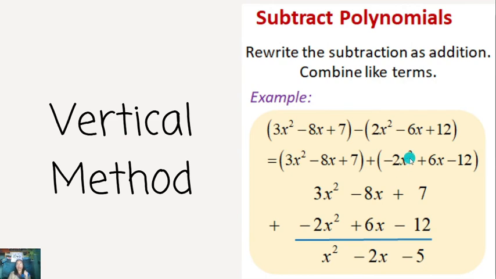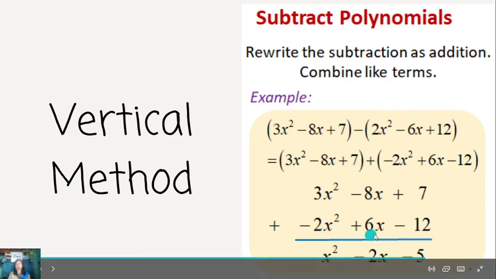When subtracting, all you have to do is rewrite and change the signs before you add. Still, you are going to add, but you first take the opposite signs, or the reverse. So 2x squared becomes positive 2x squared, negative 6x becomes positive 6x, positive 12 becomes negative 12.